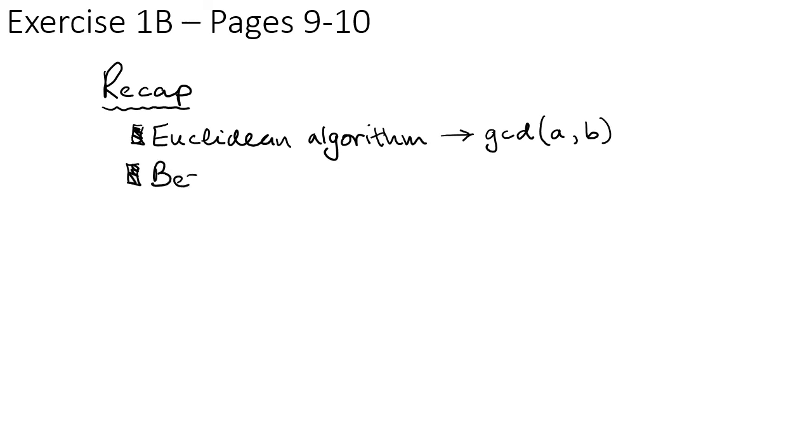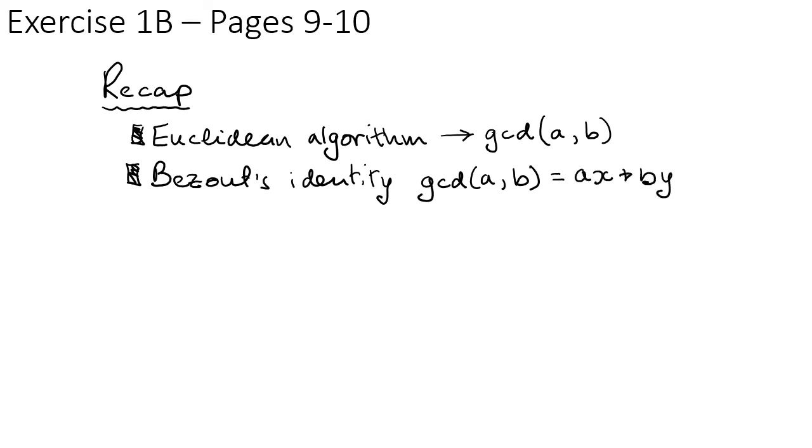We have Bezout's identity, which tells us that the greatest common divisor of A and B can be written as some multiple of the two numbers which we found the divisor of.